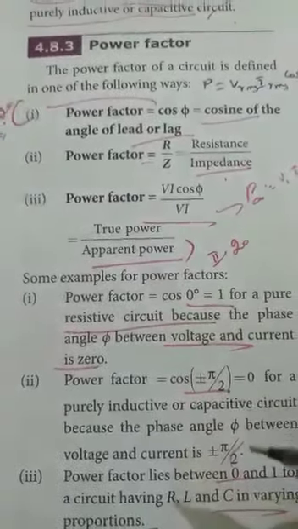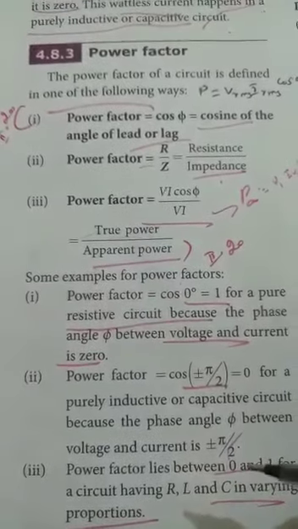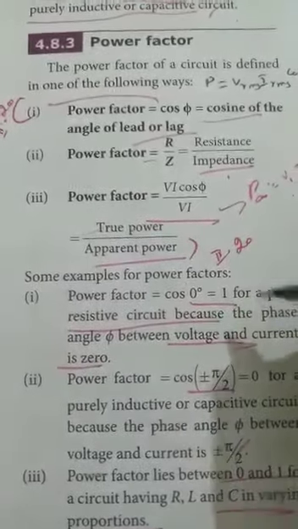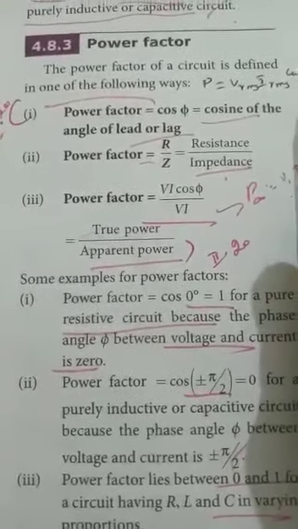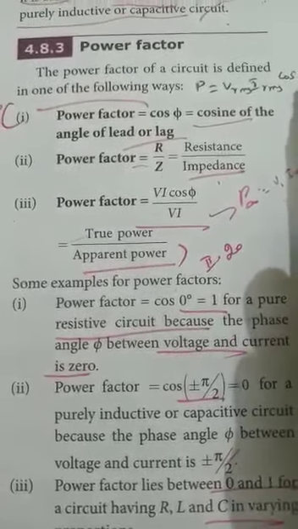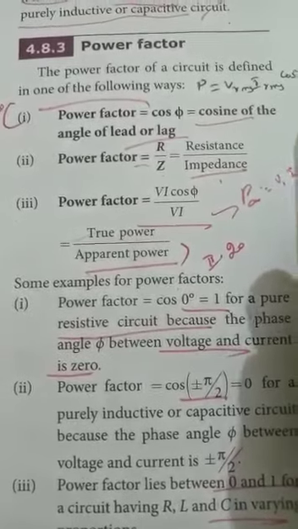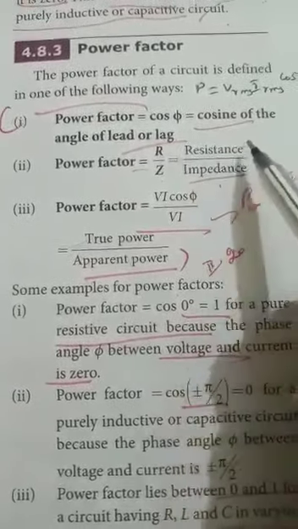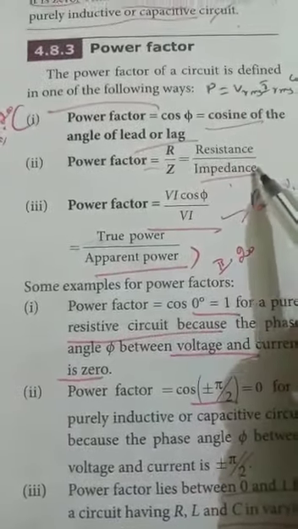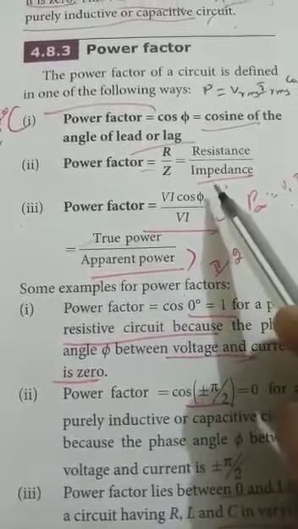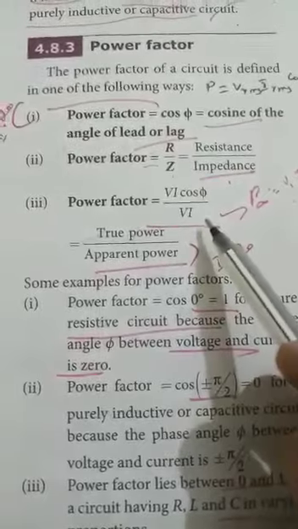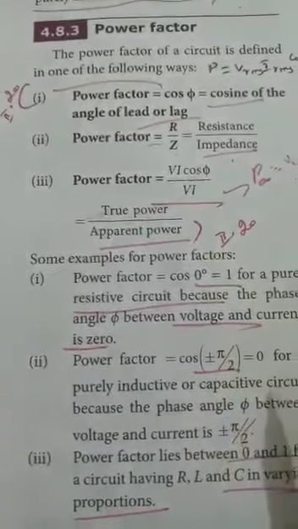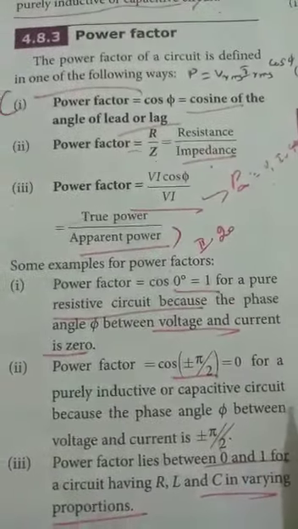So there are these ways of defining the power factor: cos phi, the cosine of the angle of leading or lagging; resistance by impedance; and VI cos phi by VI, that is true power by apparent power.